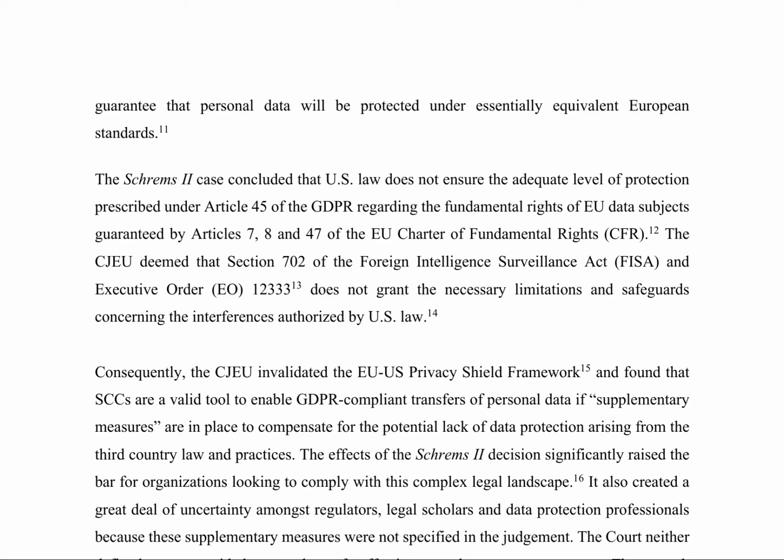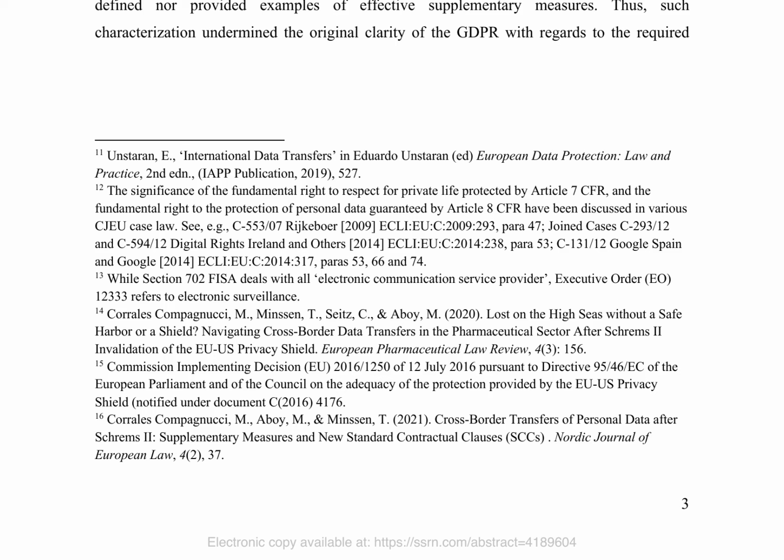This decision has created uncertainty among regulators, legal scholars, and data protection professionals, as it did not specify the required supplementary measures for GDPR-compliant transfers of personal data.